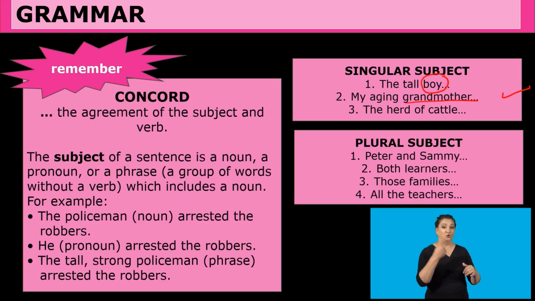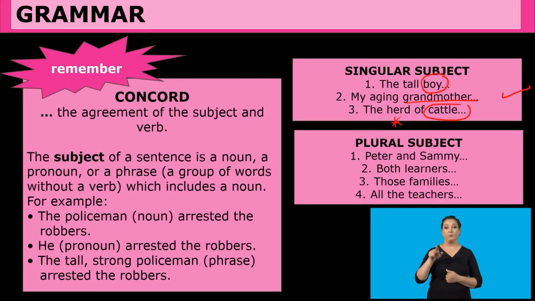The herd of cattle. Now remember, this is many cattle. However, the word herd makes all of that group of cattle one group, okay? So therefore, your collective noun is usually a singular subject, okay? Plural subject, remember we indicated with and, with the words both, those, and these, and then all.